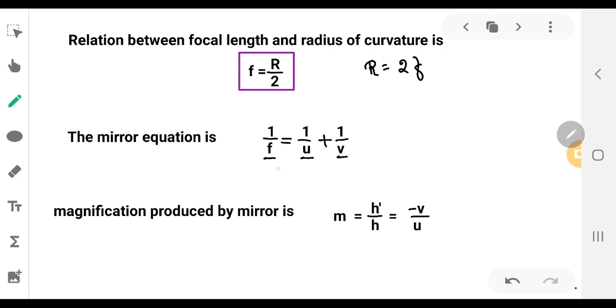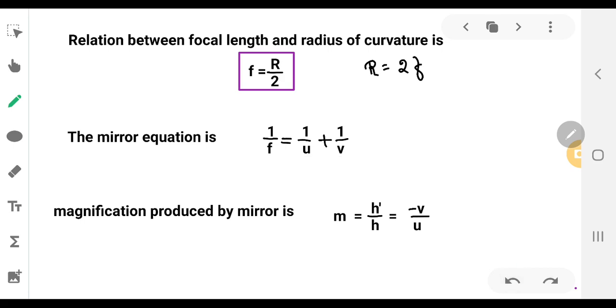So this equation gives you the relation between focal length of the mirror, object distance and image distance. That is 1 upon f is equal to 1 upon u plus 1 upon v. This equation is called the mirror equation.